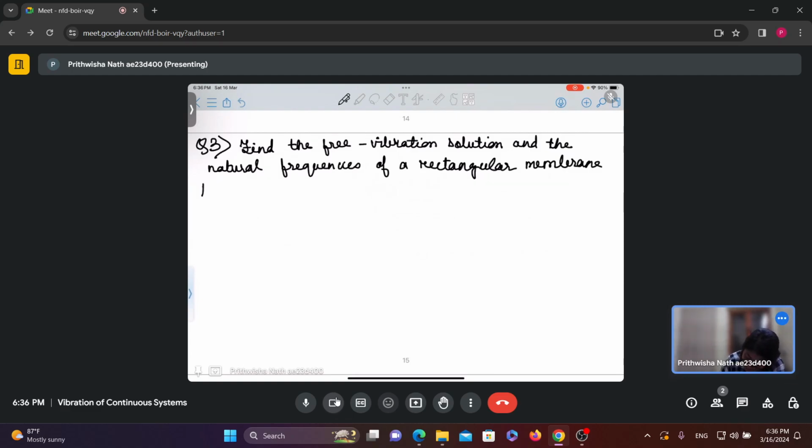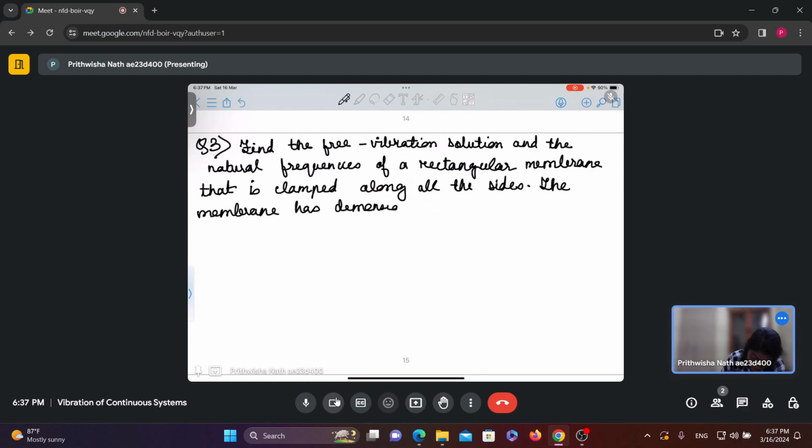that is clamped along all the sides. The membrane has dimensions A and B along the X and Y directions respectively.